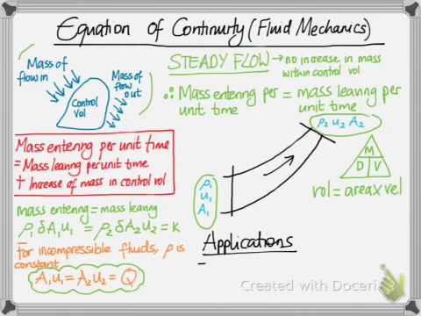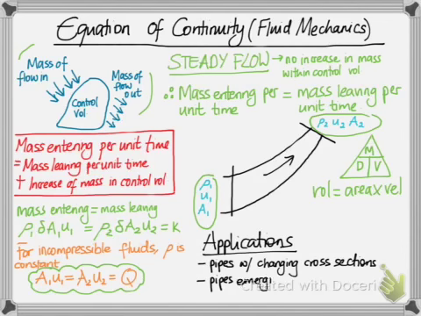Calculating flows for pipes with changing cross sections. Also, it could be very useful for pipes emerging from a junction. We have, say, a pipe coming like this and separating into two. We know that the energy on this side will remain the same as the energy on the other side.